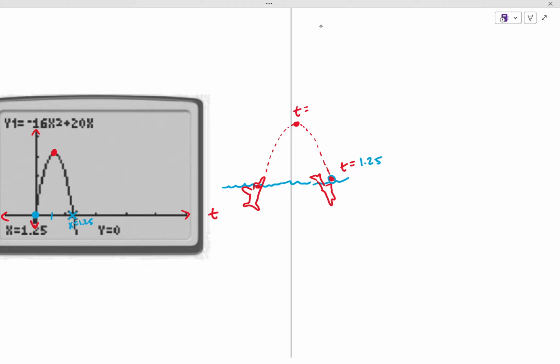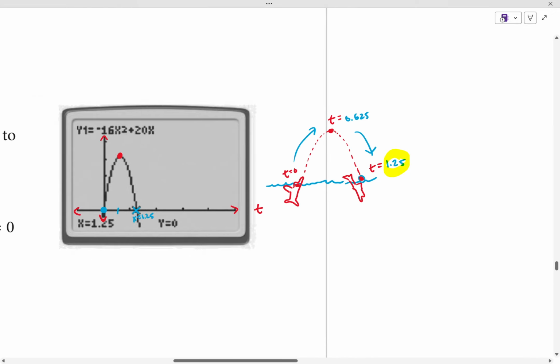Okay, so right here, t equals 0. Okay, halfway would be 0.625, I believe. Okay, so it takes 0.625 seconds for the dolphin to go all the way up, then 0.625 seconds to go down. So the whole way around is 1.25 seconds.